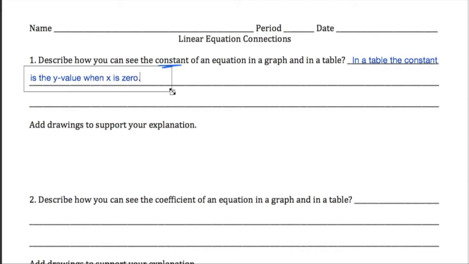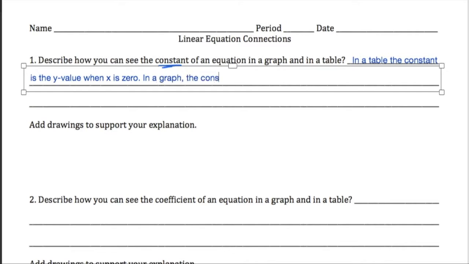So make sure we're not just defining it as the first y value. It is the y value when x is 0. In a graph, which we did previously, the constant is where the line crosses the y-axis, which we of course call the Y-intercept.